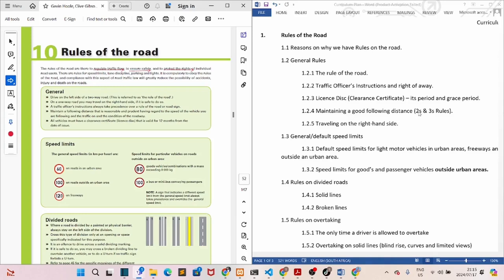You must keep 2 seconds if you are driving a light motor vehicle, and 3 seconds distance if you are driving a heavy motor vehicle. And if you're my student, you already know me. I don't like why they call them 2 seconds. Instead, they should be called a 2 meter, no, 3 meter rule. You should keep a 2 meter distance on a light motor vehicle and a 3 meter rule on a heavy motor vehicle.